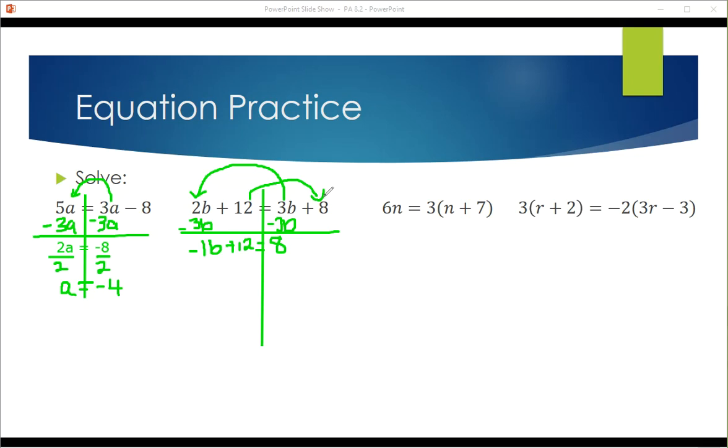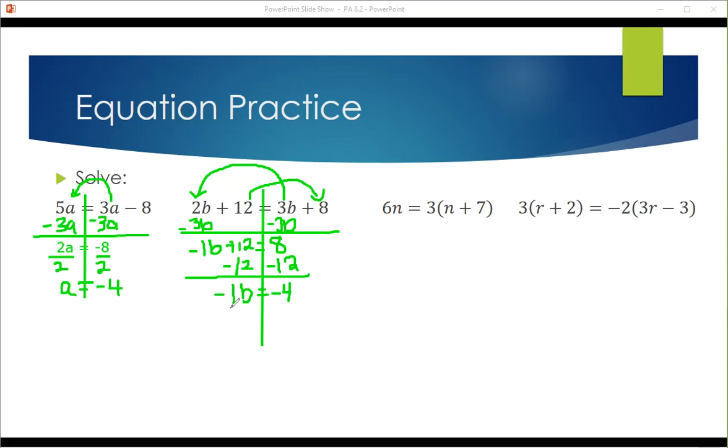And then to take my 12 and move it to the other side, I'm going to subtract it. That's going to give me negative 1b equal to 8 minus 12, which would give me negative 4.